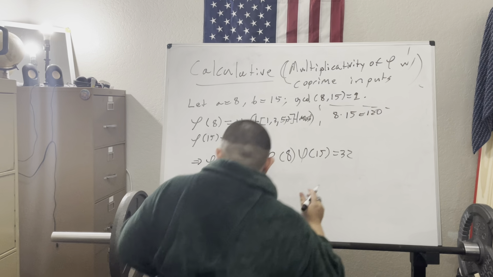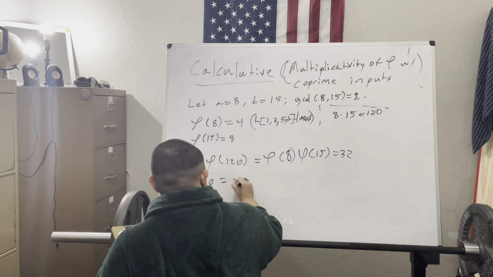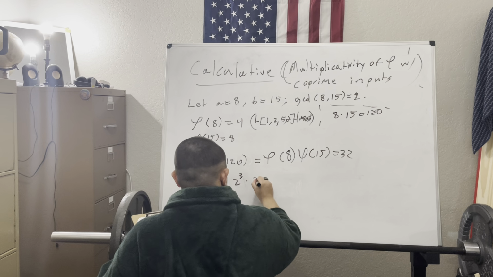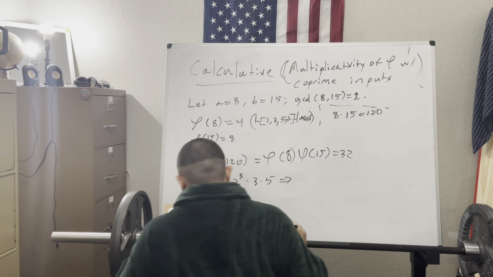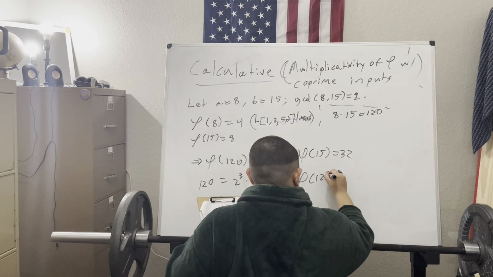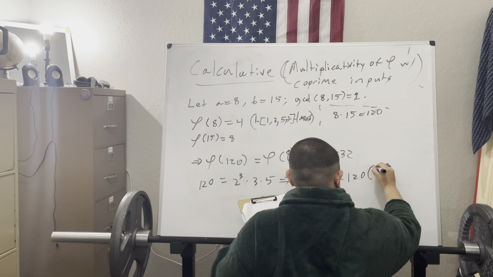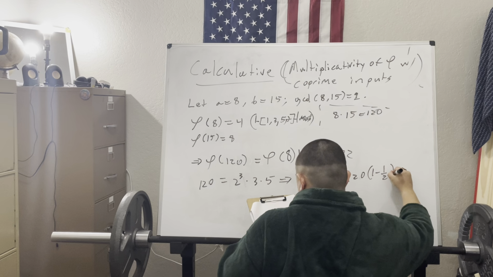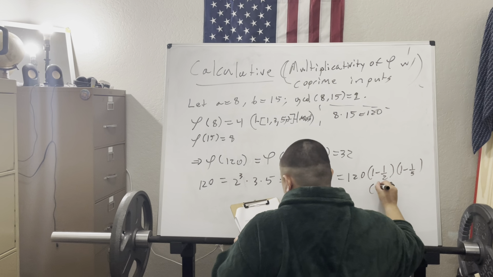So let's check that directly. Well, 120 is equal to 2 to the power of 3 times 3 times 5. So the totient of 120 should be equal to 120 times 1 minus 1/2 times 1 minus 1/3 times 1 minus 1/5.